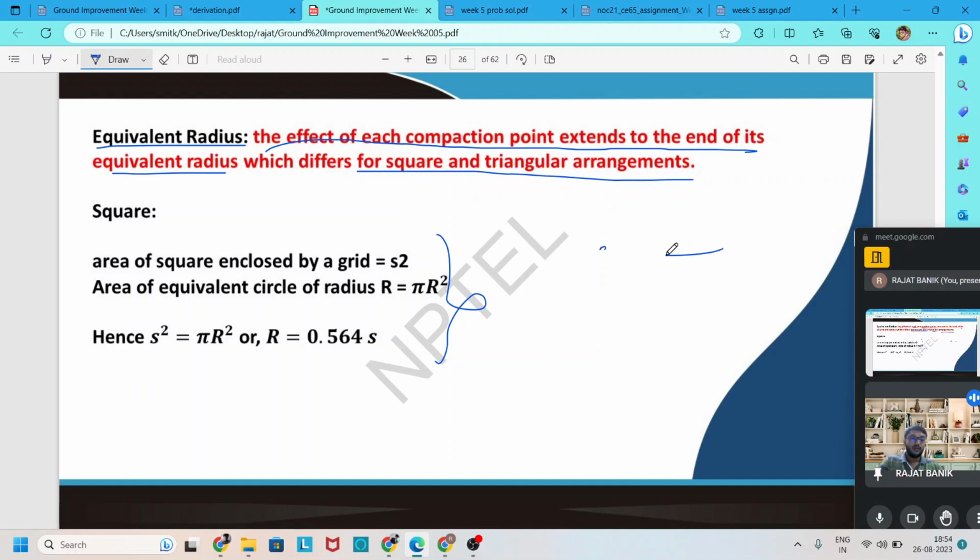That means when the square pattern is happening like that, here is one compaction point, here one compaction point, here a compaction point. So for each compaction point, one equivalent influence area is created, and this equivalent influence area is represented by one radius. It is nothing but the equivalent radius.